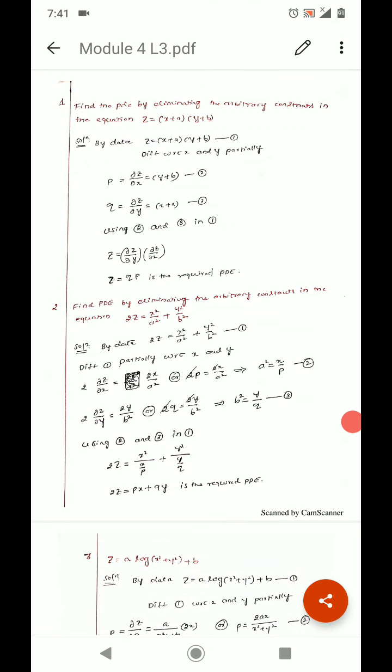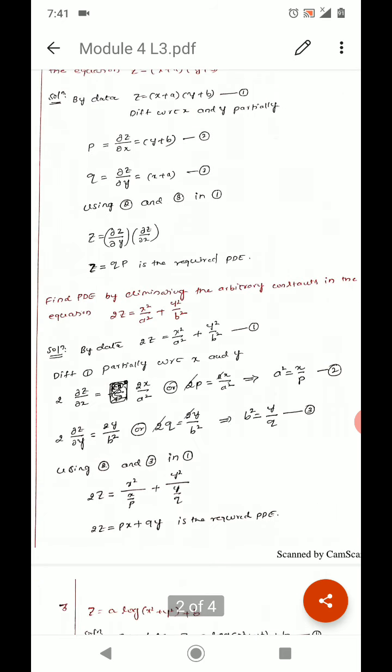So first we are going to differentiate the given equation partially with respect to x and with respect to y. So take the given equation as 1. Now differentiate with respect to x and y partially. So we take p equal to del z by del x, that means differentiation of z with respect to x.